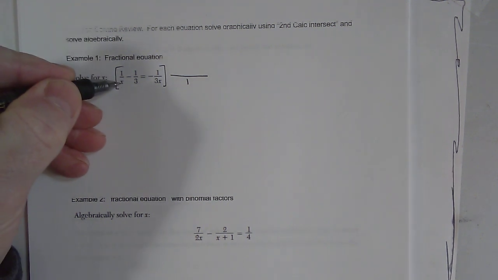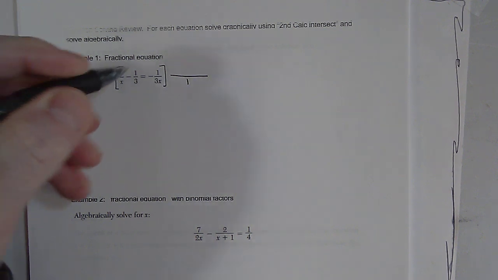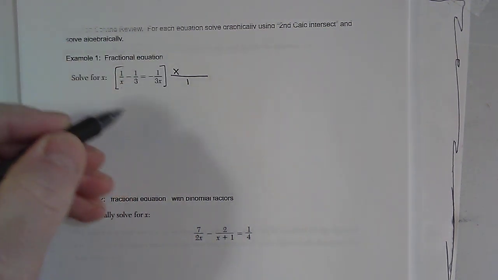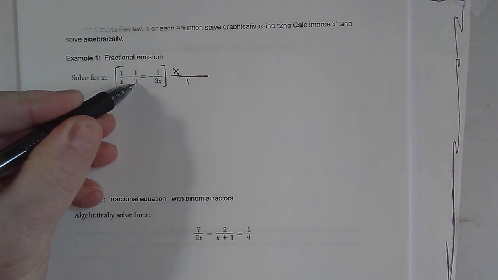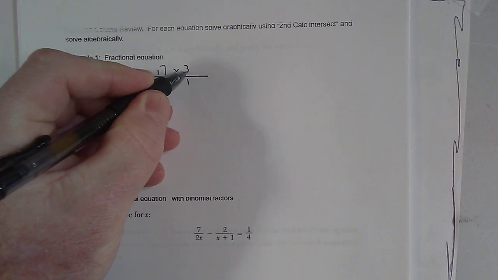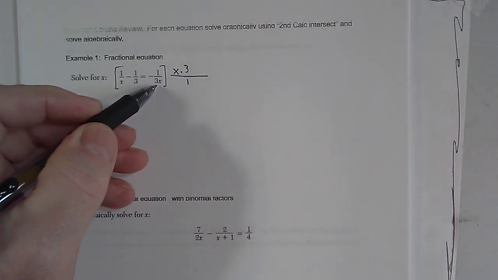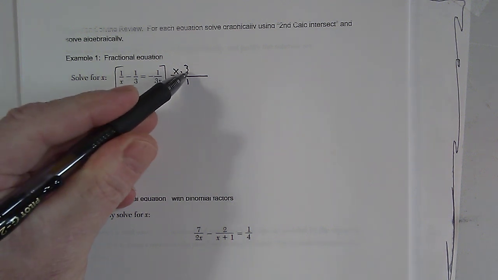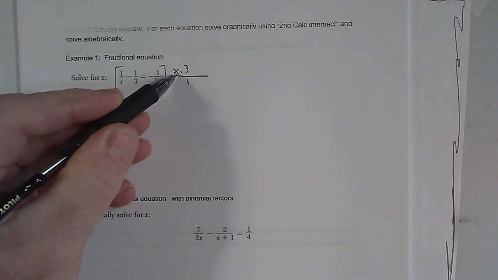The first fraction has an x in the denominator as a factor. So I'm going to do an x. Then I move to the next one. Here's a factor of 3. That's different than x, so times 3. Now I move to this one. This is 2 factors, 3 times x. I already have the factor 3 up here, and I already have the factor x, so I don't have to put them in again.